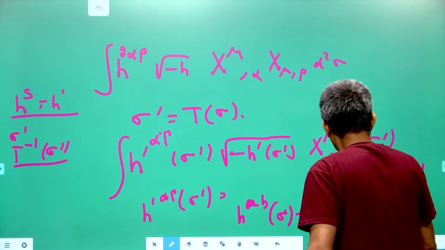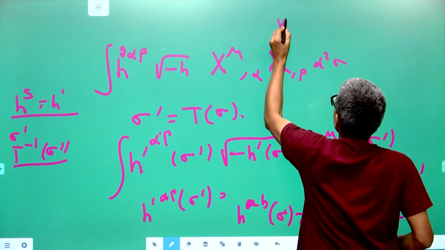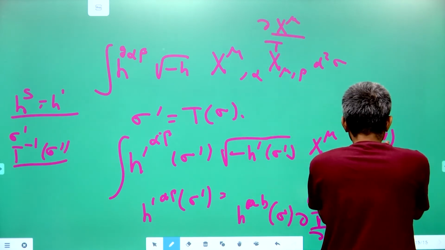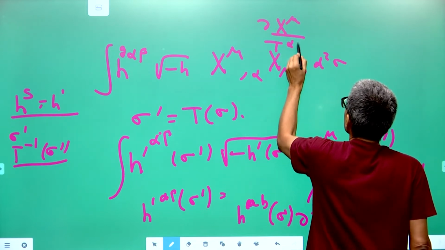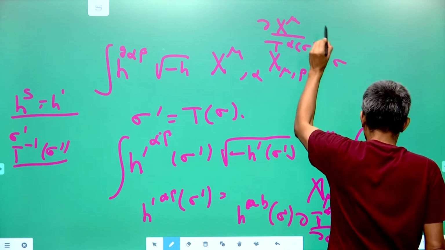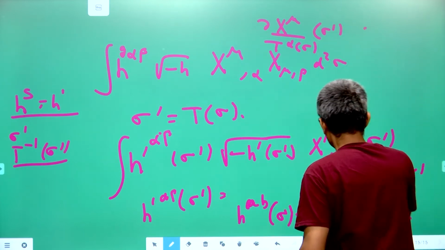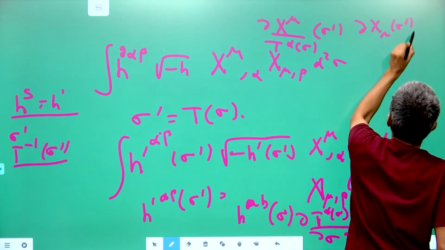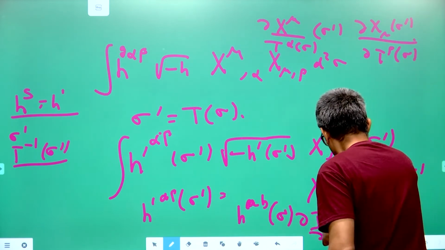So, what will change is that x mu at alpha, you are differentiating x mu at alpha. This term will become dou x mu by dou x alpha, where you are differentiating with respect to sigma alpha dash. So, it is dou T alpha at sigma, evaluated at sigma dash, and similarly you have dou x mu sigma dash by dou T beta sigma, multiplied by this term which I have here.